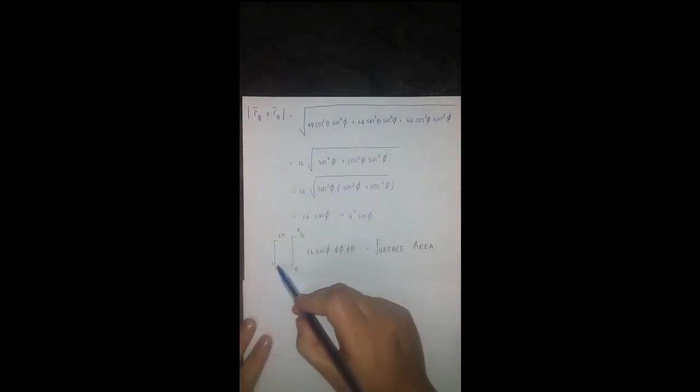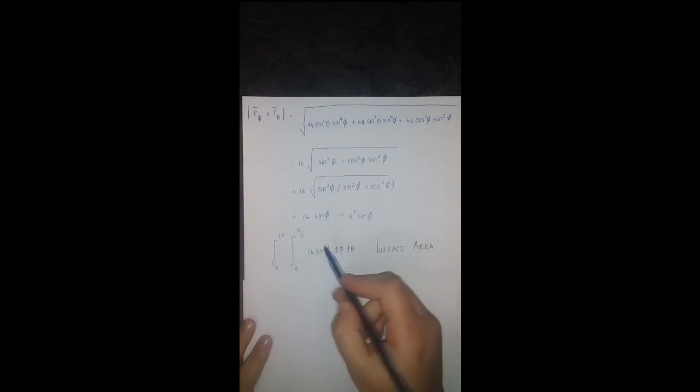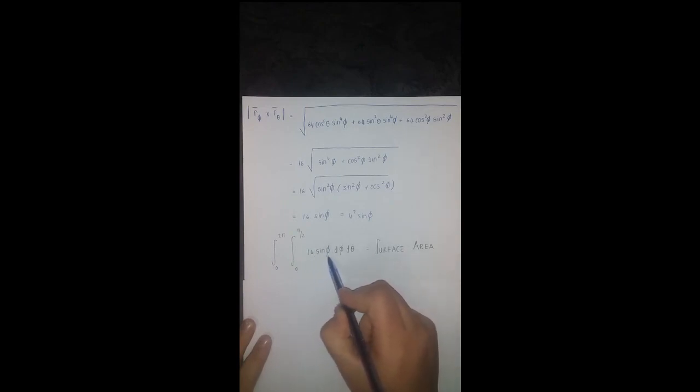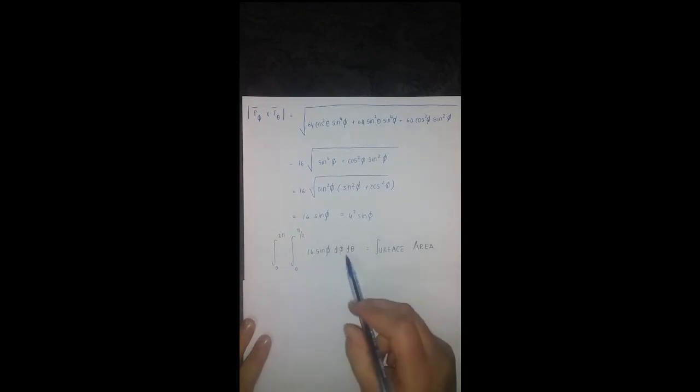But that is how you would get to this. And then you add everything into your integral. So you have your boundaries of theta and phi, and you have your magnitude of your cross product, and then just d phi, d theta, and then you can just integrate that and get your surface area.